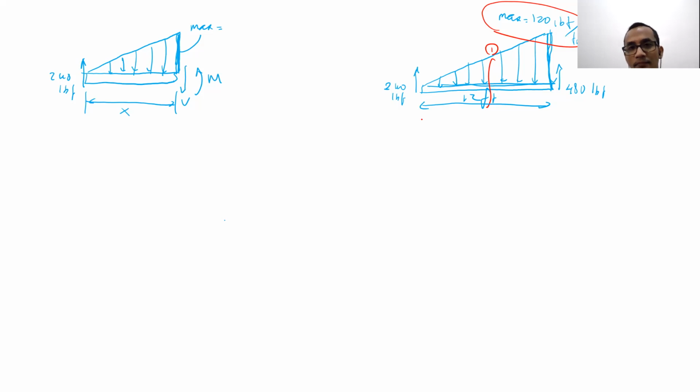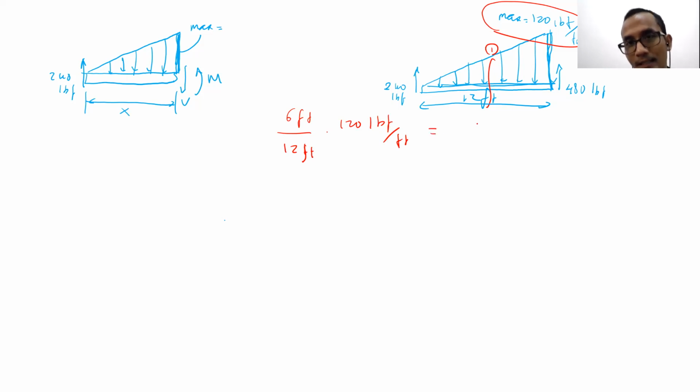Wait, why you can get 60 there is because you put it as a half, right? Actually, it's not half, but we are supposed to put it like this: 6 feet divided by 12 feet multiplied by 120 lbf per foot.